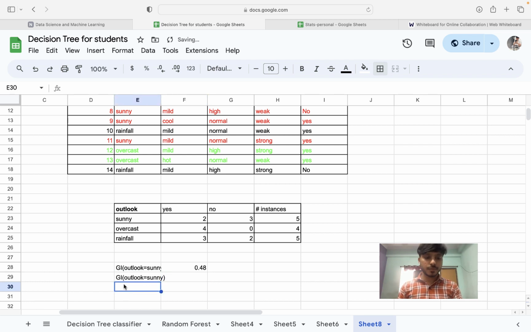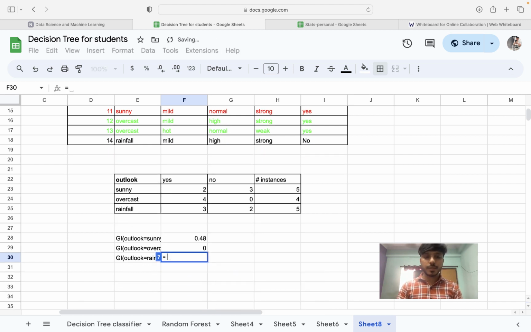Similarly, I'm going to calculate for overcast, and I'm going to calculate for rainfall as well. So 1 minus 4 by 4 whole square, and anyway this is 0, so I'm not going to calculate its probability, so I will get 0.